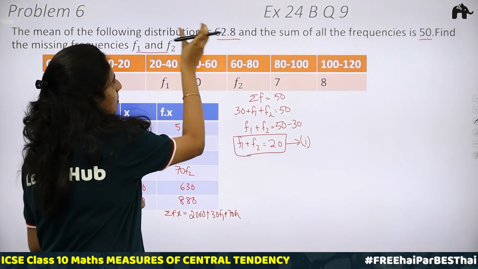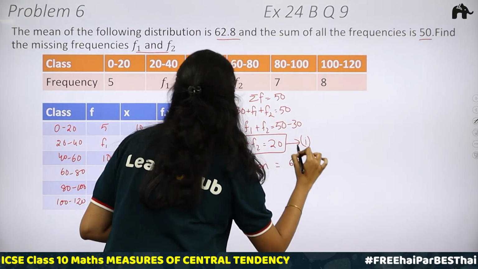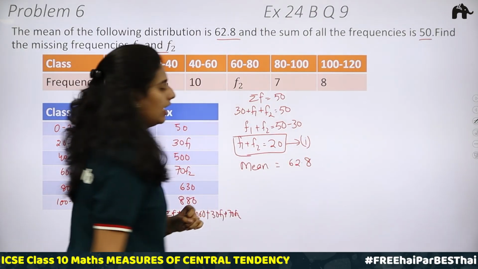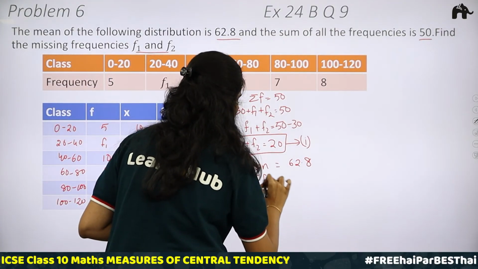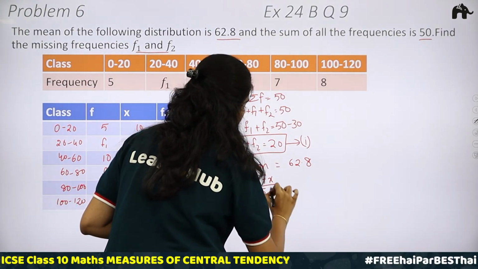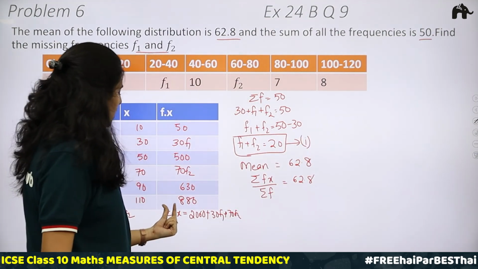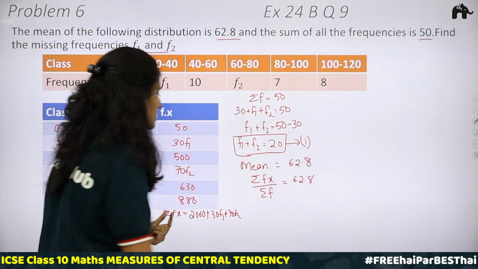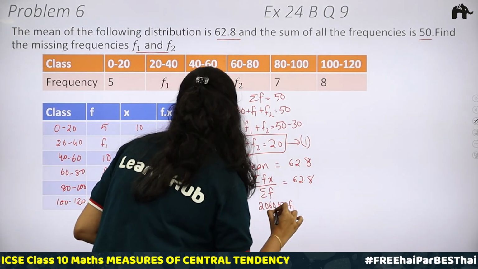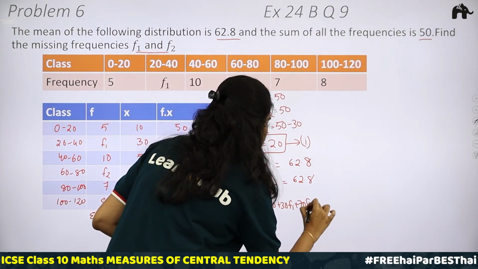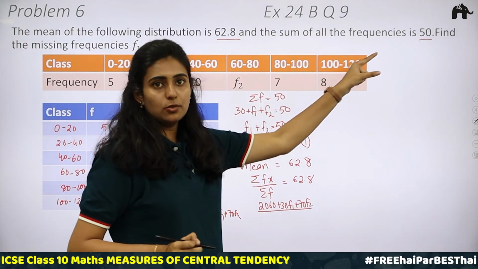This is our first equation. Now what is given? The mean is given. Mean is equal to 62.8. What is mean? Mean value, summation Fx divided by summation F is equal to 62.8. Okay, we have summation Fx here. What is summation Fx? 2060 plus 30 F1 plus 70 F2 divided by summation F. So, sum of all frequencies is equal to 50.